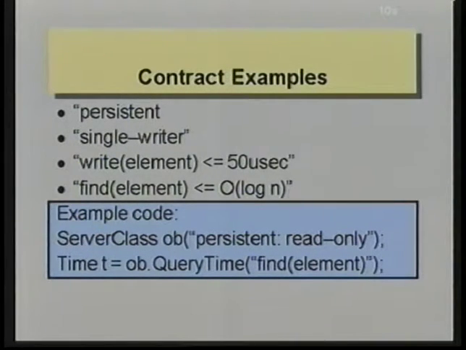Once the object is constructed successfully, and if there's nothing in the library that will meet those requirements, then it won't get constructed correctly. But if it is constructed correctly, then you can also use the contracts to query information about the server. For instance, if we had specified that the find operation has to be less than or equal to order log n, then you don't know the actual performance of the find operation.